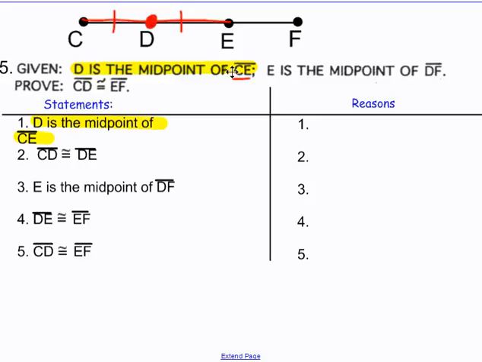Well, we know that that's given because that was up in the directions. So we say given. Our next step down here is to say CD is congruent to DE. Well, that's just what we drew right up here. So when I said that, I said it was the definition of a midpoint. Well, that's exactly what the reason is. Definition of a midpoint.